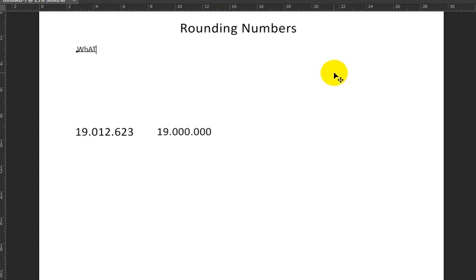What digit am I rounding to? What is the number right after that digit? And you should be writing this down.